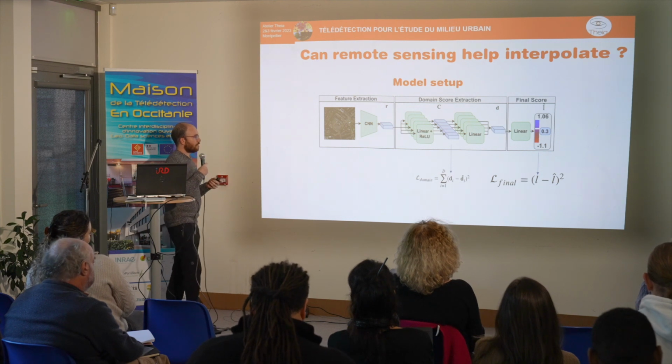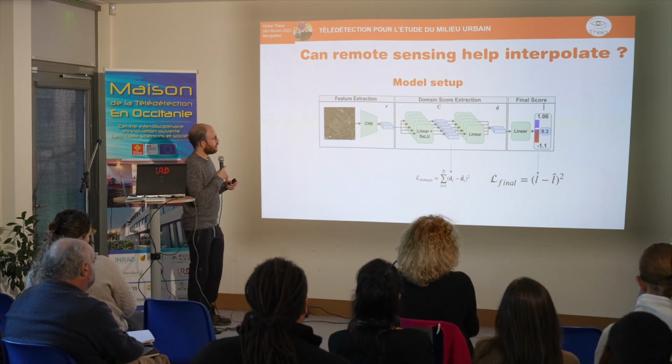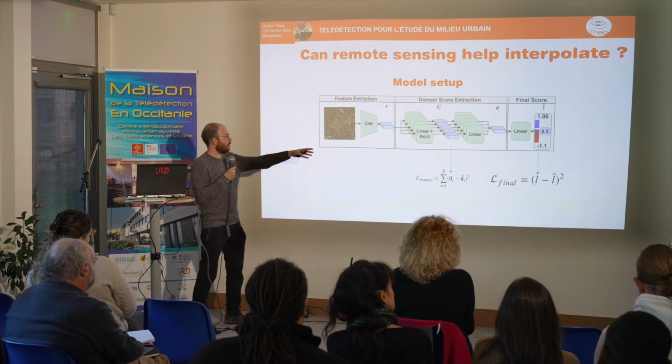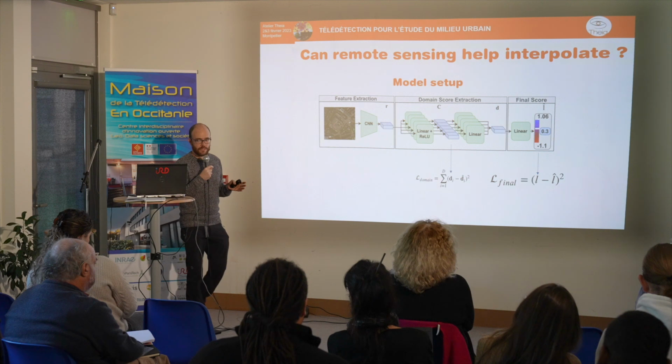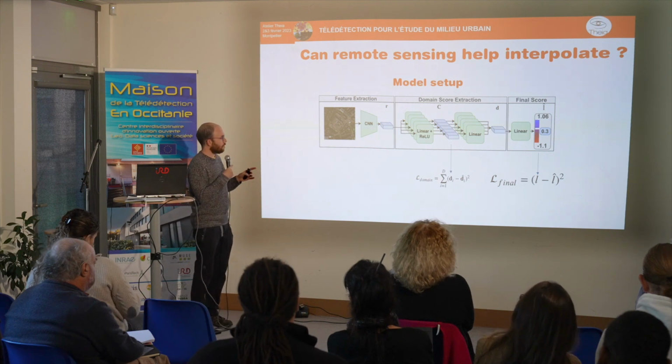The type of model that we learned is based on a standard convolutional neural network. There we didn't do anything particular.